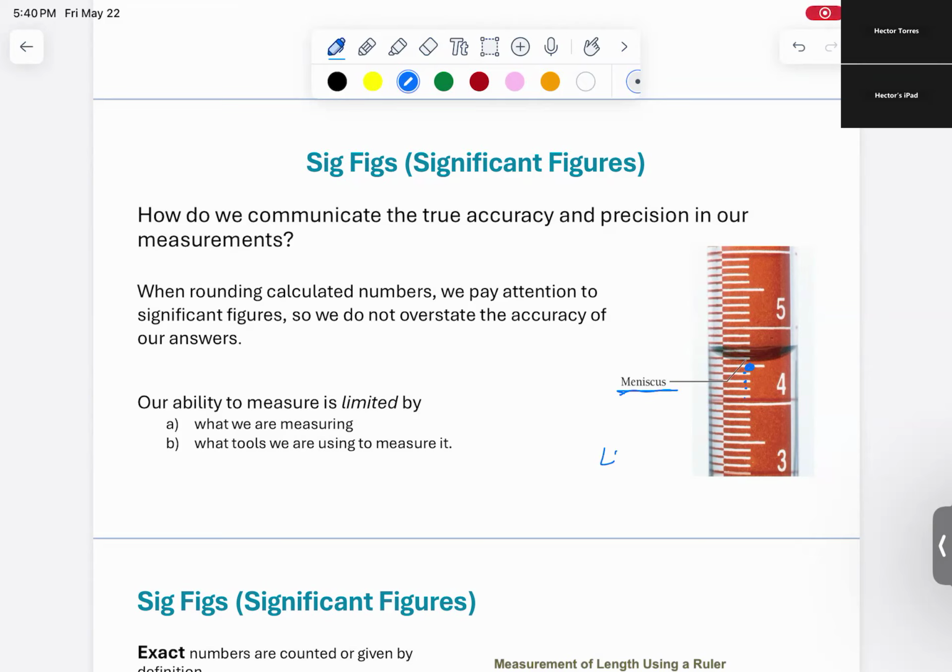I can say this is 4.5 with 100% surety that that's correct. However, I would probably guesstimate this is about 4.57. These two digits are accurate, and the last number is a bit of a guesstimation or an estimation. So that's why we need to make rules of when something is accurate and when something is not.